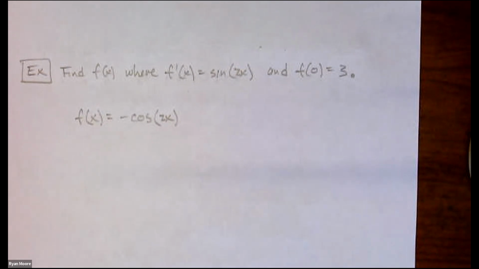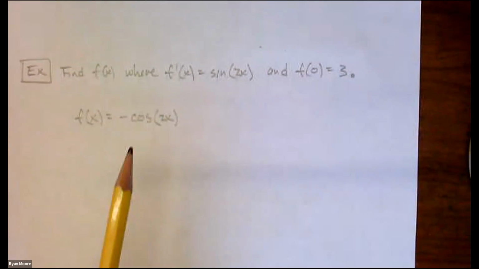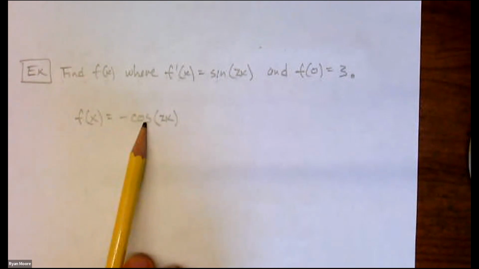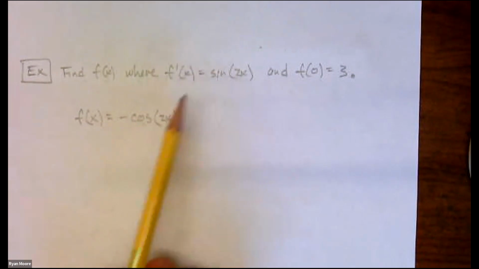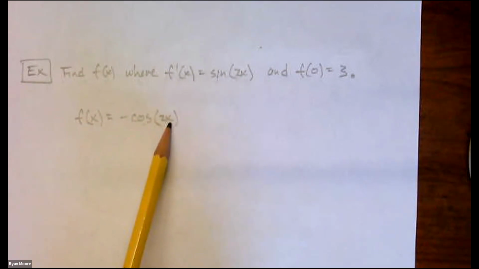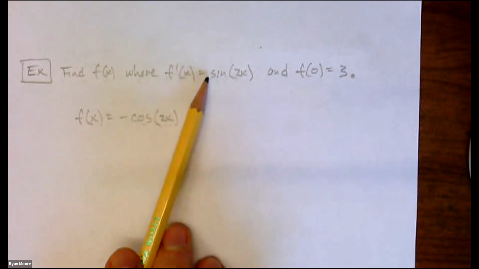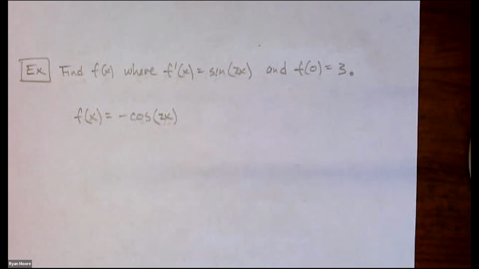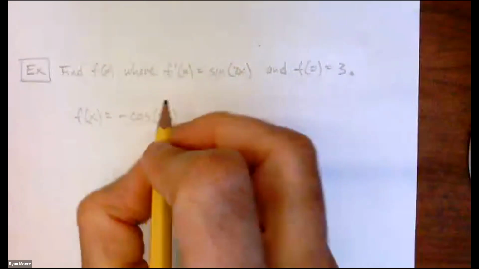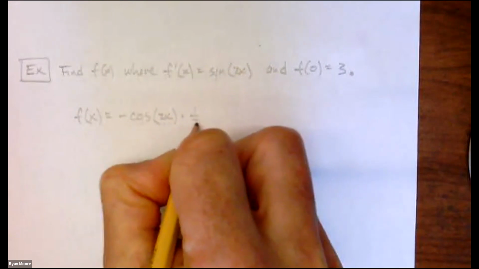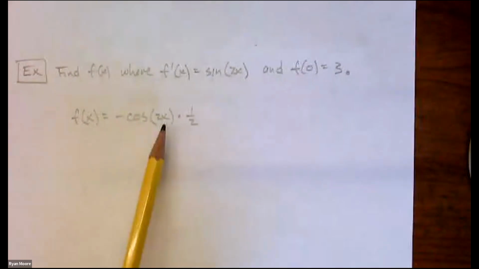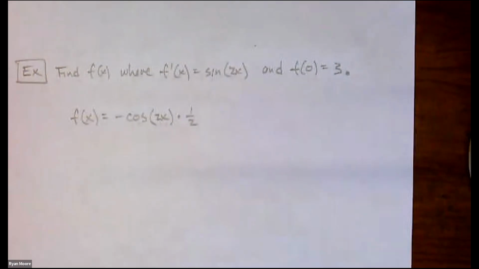So far, so good. But then if this was it, this derivative would give us positive sine 2x, but then we'd still need to multiply by 2 because of the chain rule, but we don't see a 2 here. So something canceled out that 2. We need to multiply by a 1/2 to cancel out the 2 that would occur in the chain rule.